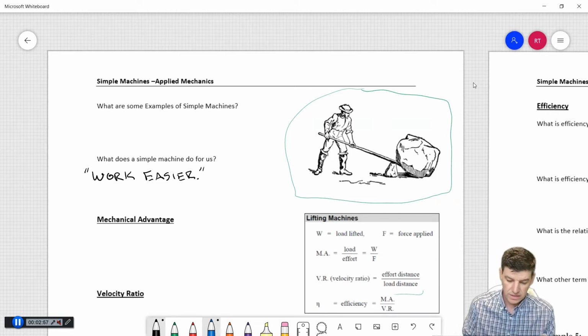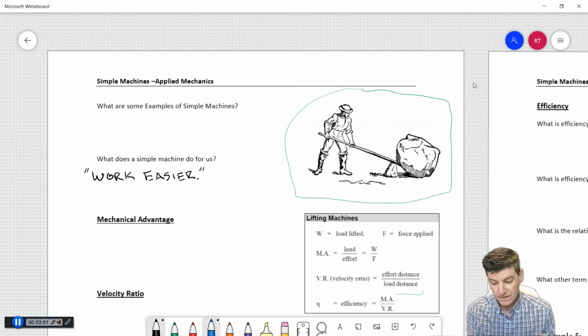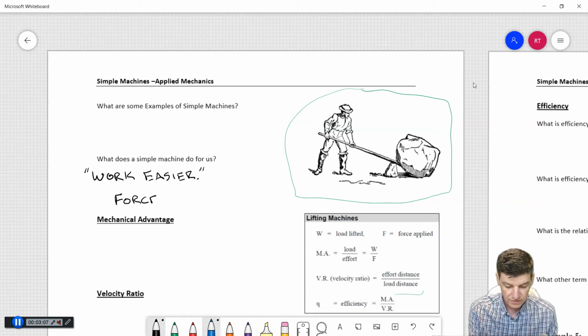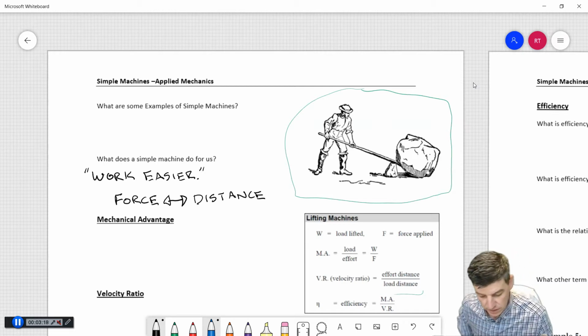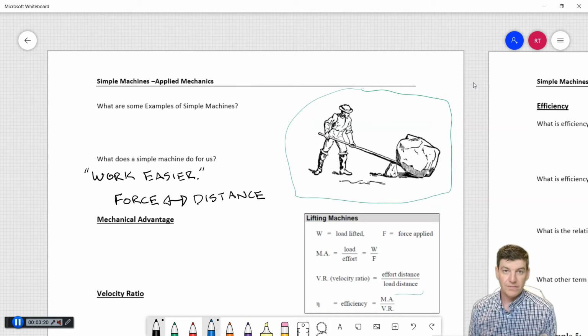We're doing the same amount of work, but instead of having a reduction of work, we're trading off the force that we need to apply for some extra distance. So a simple machine is really trading off force for distance. So we have to apply less force over a greater distance.